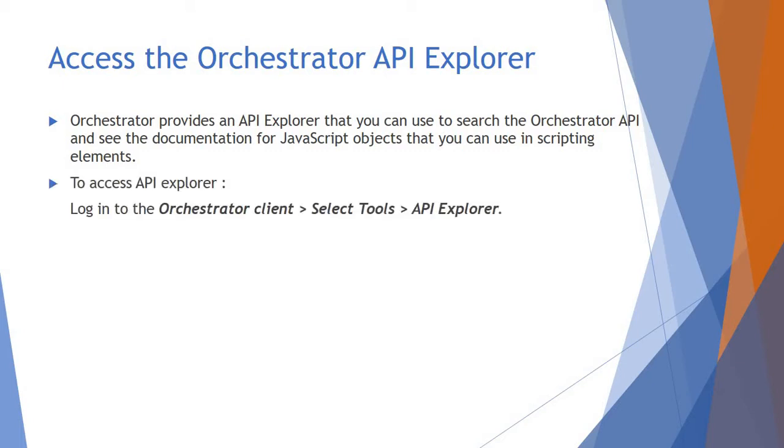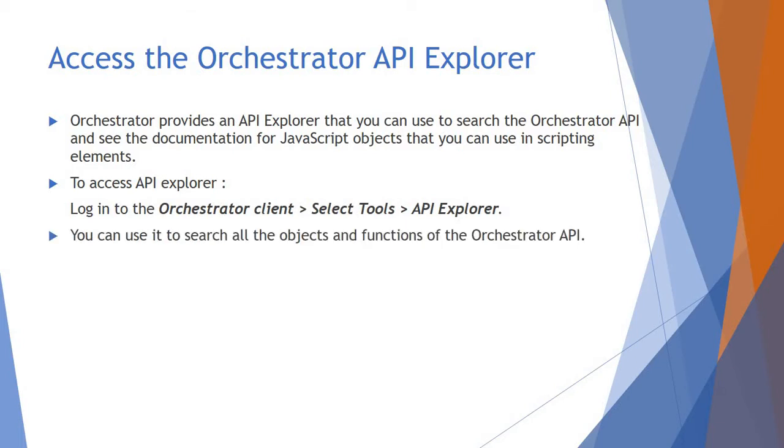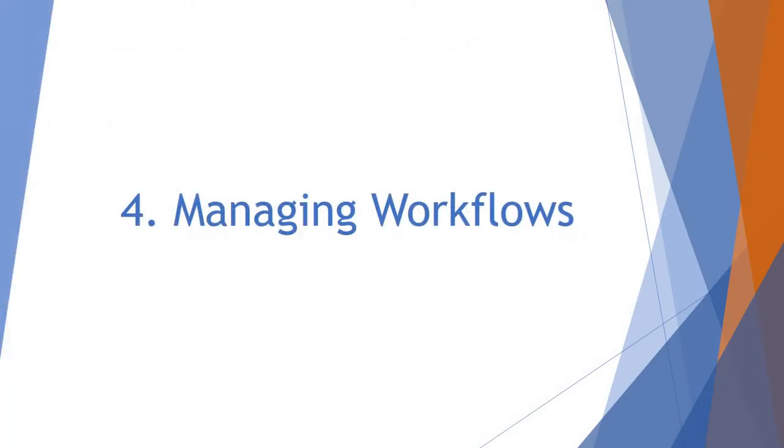You can consult an online version of the scripting API for the vCenter Server plugin on the Orchestrator documentation homepage. Procedure: log into the Orchestrator client, select Tools, API Explorer. Result: the API Explorer appears. You can use it to search all the objects and functions of the Orchestrator API.